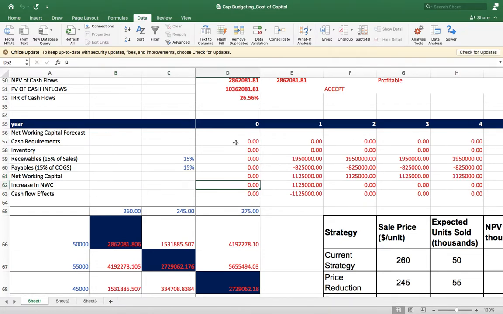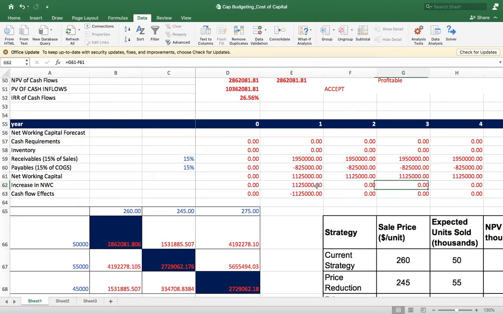Now we will see the increase in net working capital. How do we calculate it? Current net working capital minus previous year net working capital. In year 0, current net working capital is 0 minus previous year, where there was nothing because the project started this year, so it will be 0. In year 1, current net working capital is 1.125 million, previous year 0, therefore the increase is 1.125 million.